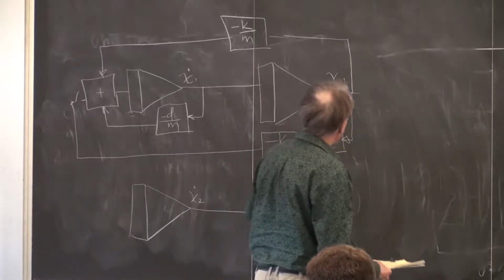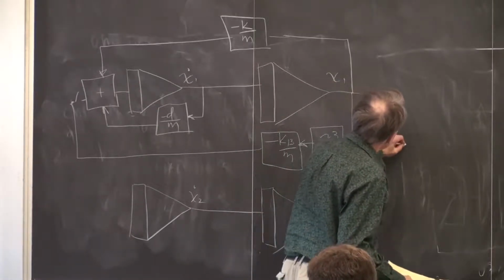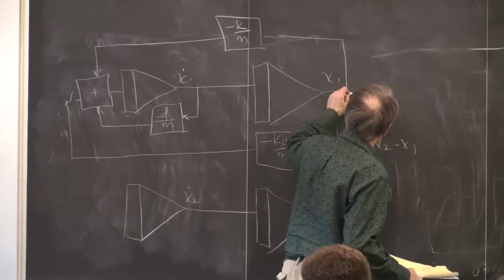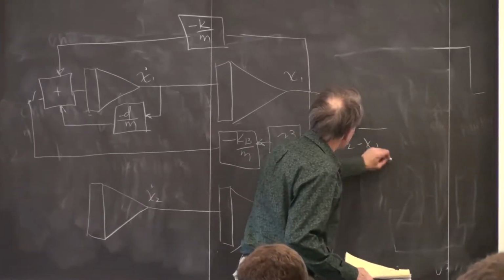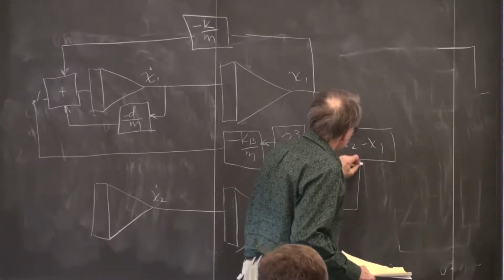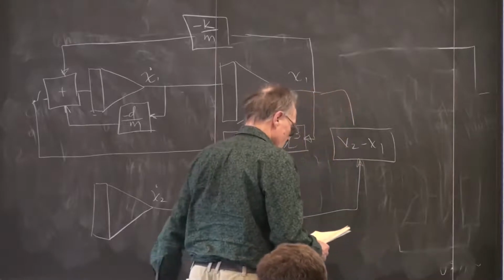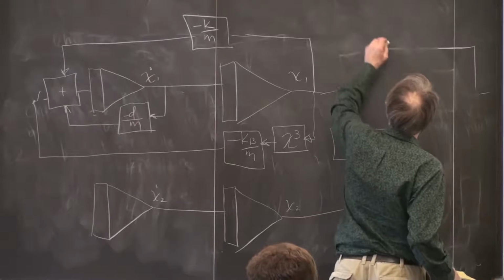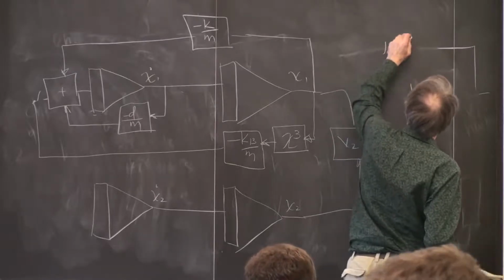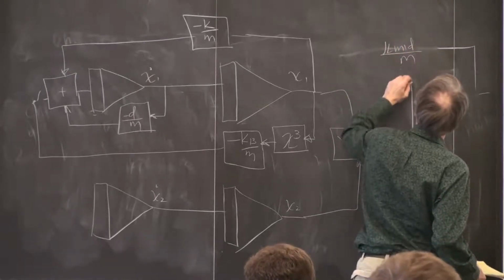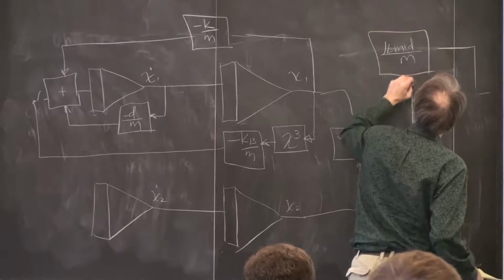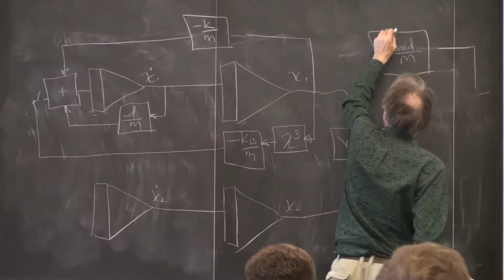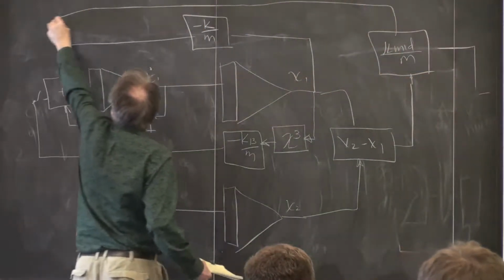We also have to form x2 minus x1, multiply this output by k mid, the spring in the middle, over mass, and feed that back.